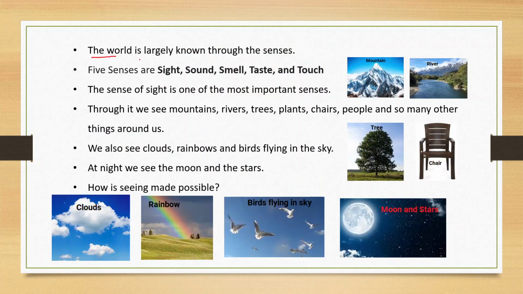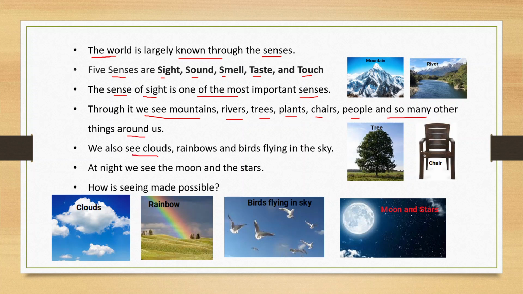The world is largely known through the senses. The 5 senses are sight, sound, smell, taste, and touch. The sense of sight is one of the most important senses. Through it we see mountains, rivers, trees, plants, chairs, people, and so many other things around us.